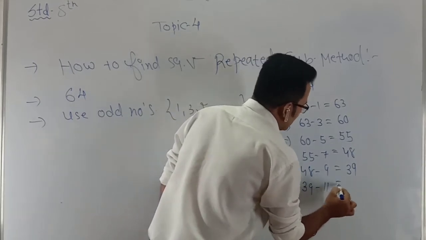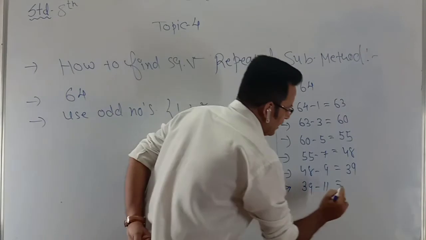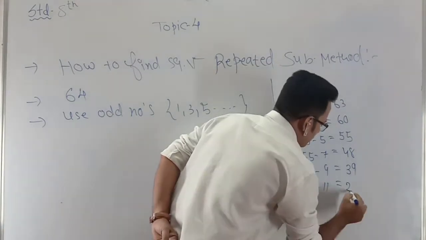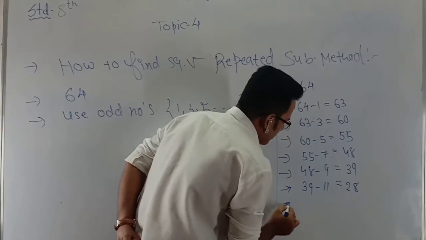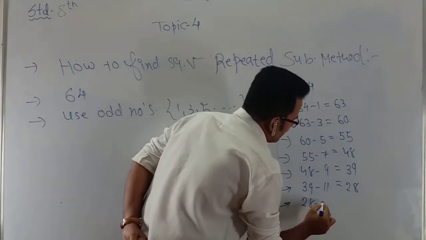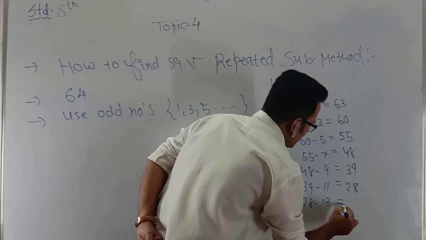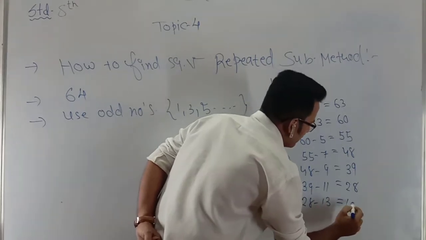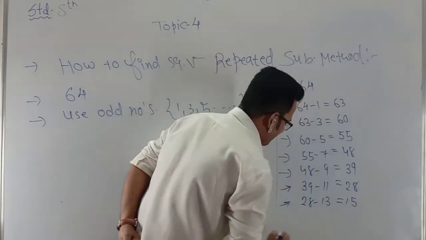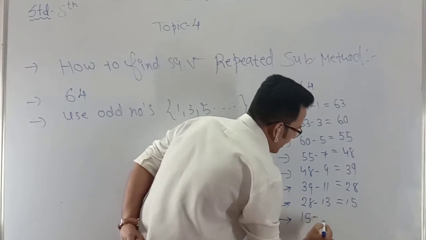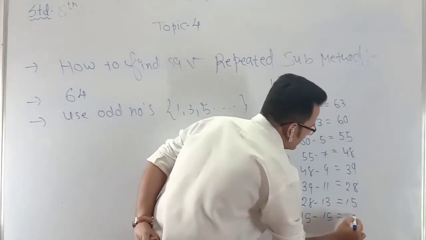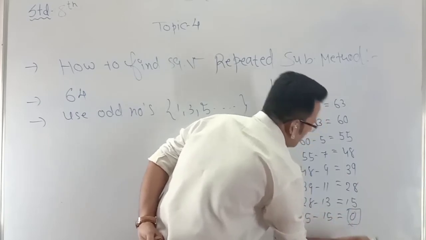39 minus 11, it will be 28. Now 28 minus 13 is 15. And 15 minus 15 is equal to 0.